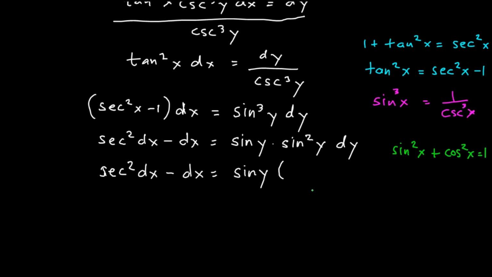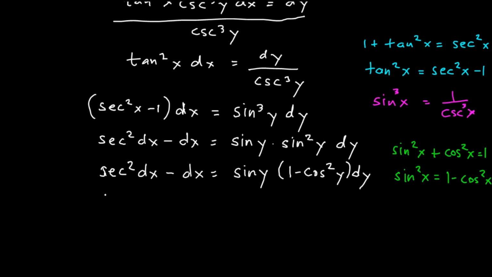So, when we solve for sine squared, or dito sa given na identity natin, naka-x lang siya. So, we have sine squared x equals 1 minus cosine squared x. So, instead na sine squared y, gagamitin natin ay 1 minus cosine squared y. Okay? So, we have 1 minus cosine squared y dy.